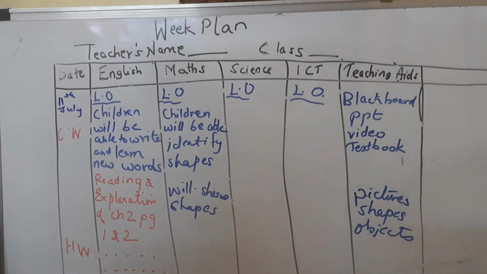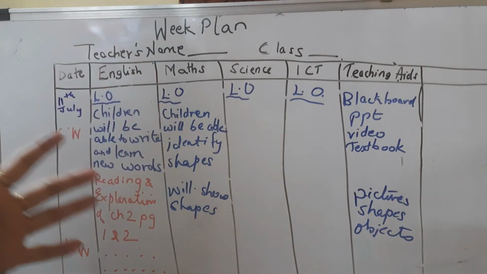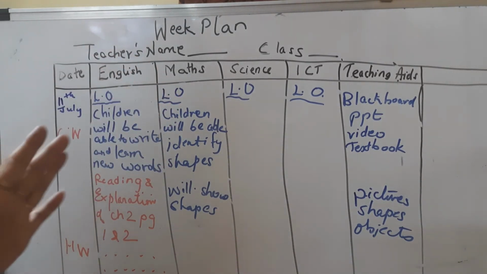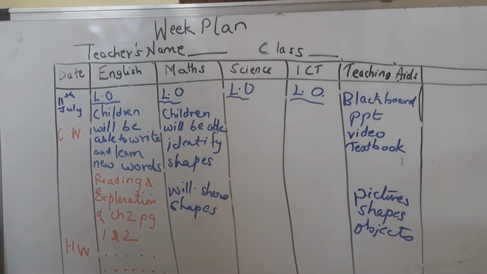You are aware that at the end of the month, if I finish these 2 chapters, what I'm going to do for revision, how I'm going to ask questions, what is the method of assessment I'm going to use. So a weekly planner helps the teacher to go in a systematic way. It's like a map or a route map, as I explained in the previous video. So you will be able to move ahead in a systematic way.